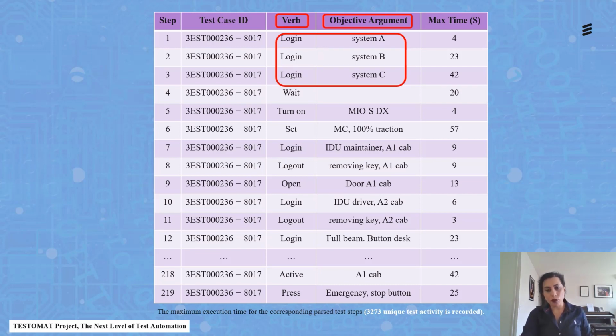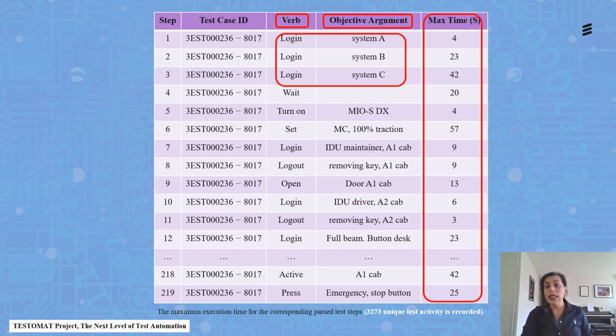So let's check this example one more time. You can see we have, for instance, three main verbs, login, but the objective argument is different for these three: login to system A, system B, and system C. And we can see the time is different as well. So it's very important to save the objective argument. It's not enough to save just the verb, because a different objective can impact the time.